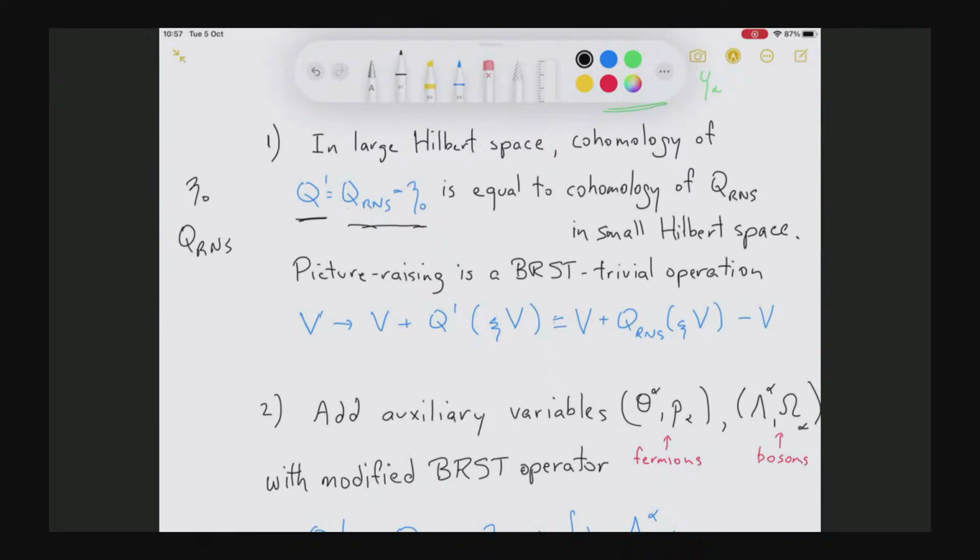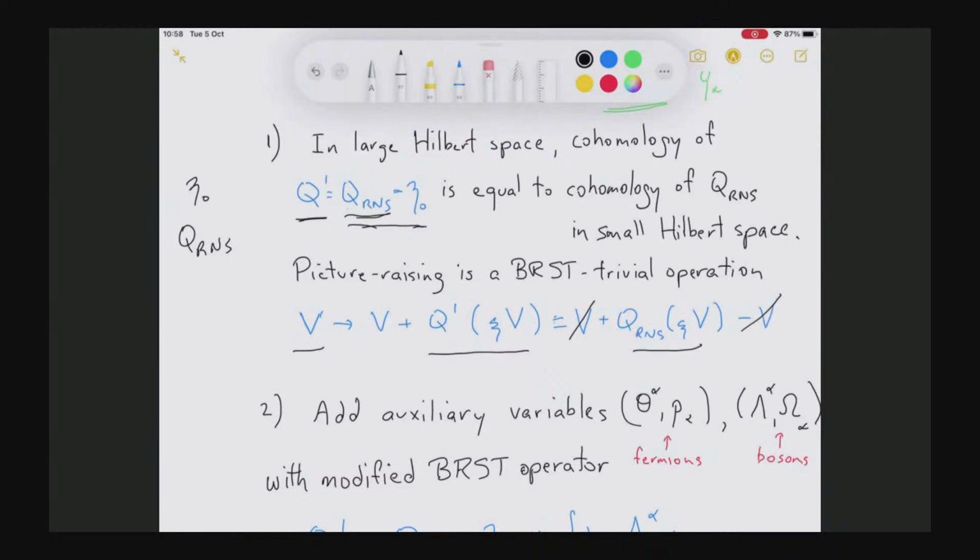Now, if you work in a large Hilbert space using this Q prime, you can understand picture raising as a BRST trivial operation in the following sense. If I start with a vertex operator V in one picture, and I add to it Q prime of C times V, then the term QRNS, when it acts on this, just gives the picture raised version of V, whereas A to 0 just gives you minus V. So this cancels this, and we're left with the picture raised version of the vertex operator.